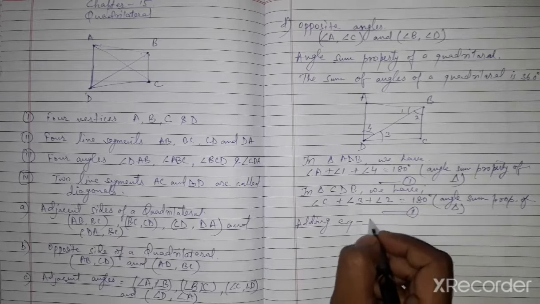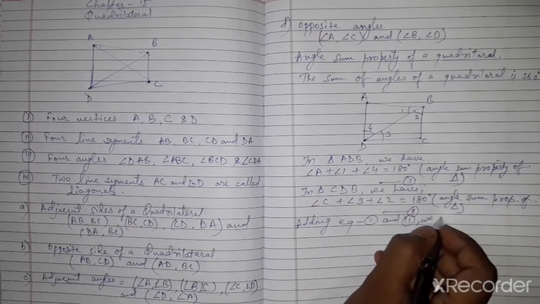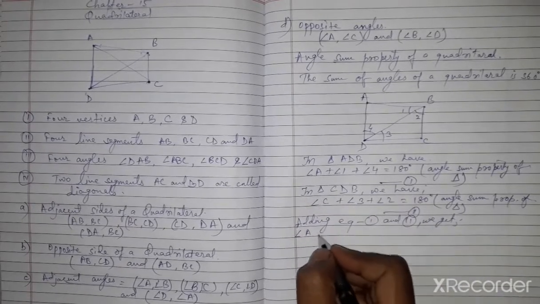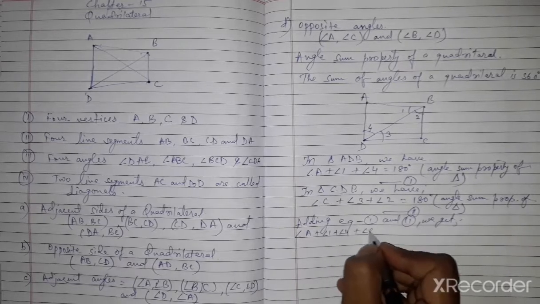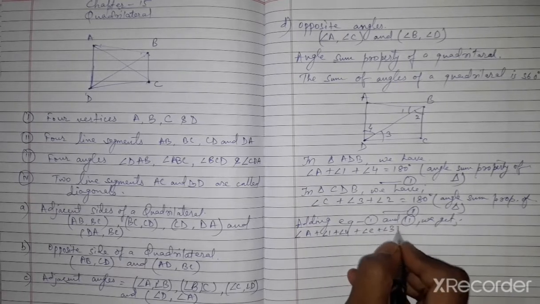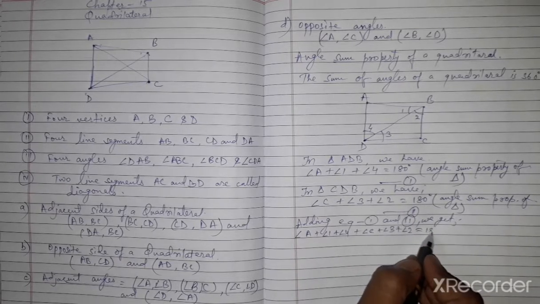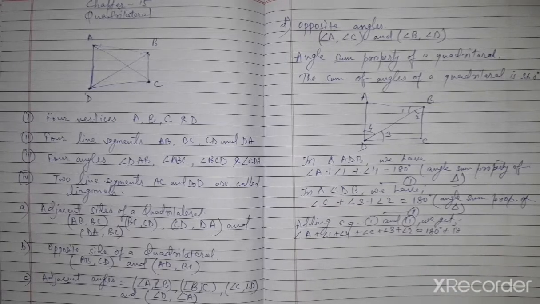We get angle A plus angle 1 plus angle 4 plus angle C plus angle 3 plus angle 2 is equal to 180 plus 180.